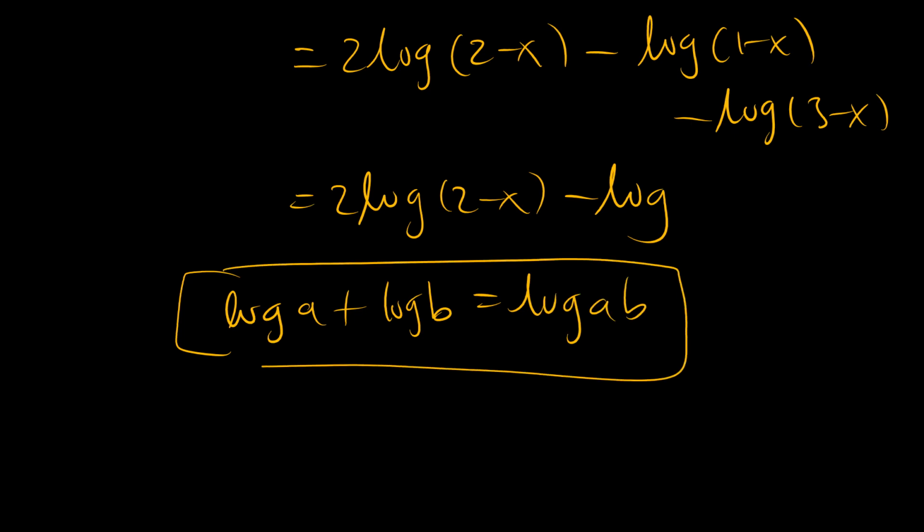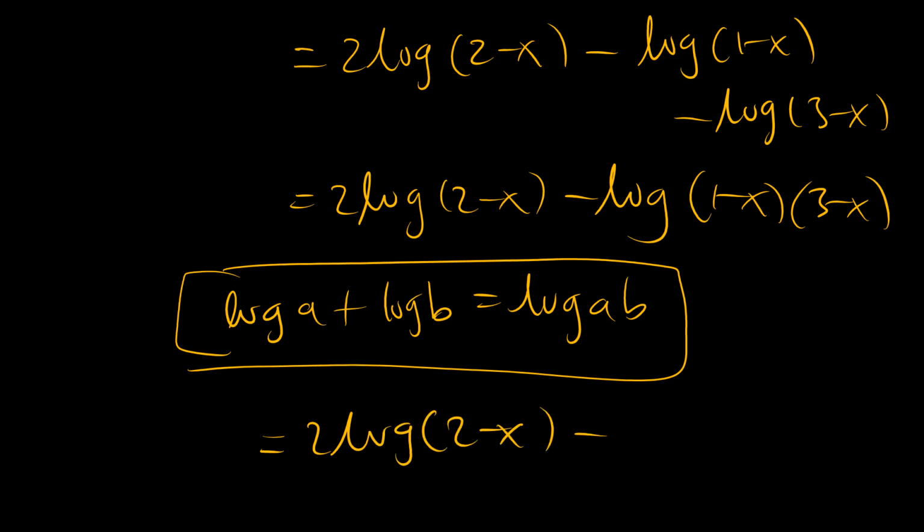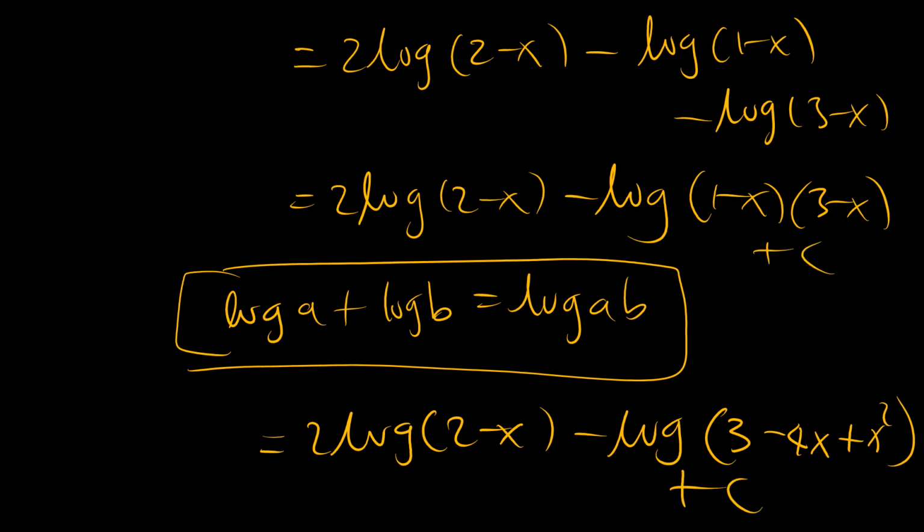So using that, we have now combined that, and that means that 2 log 2 minus x minus log of 3 minus 4x plus x squared plus C. There's plus C up here.